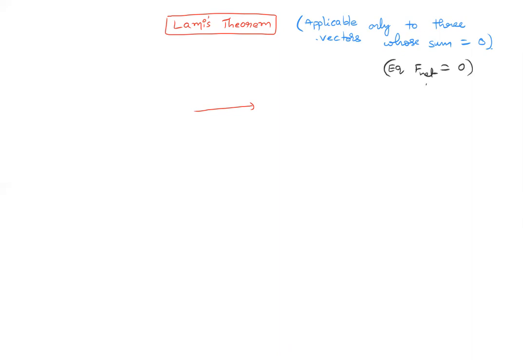So what Lami's theorem is telling is, if you have three vectors a bar, b bar, c bar like this, and this angle is alpha, this angle is beta, this angle is gamma. After doing parallel transport, you get a shape like this.